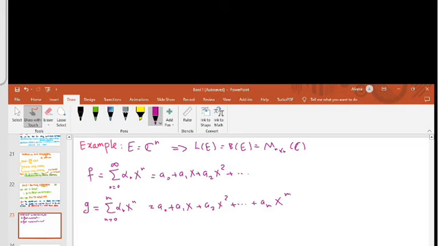So this is a particular case of a power series, because for any k greater than m, ak equals 0. Let me write a instead of alpha.